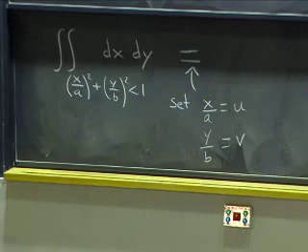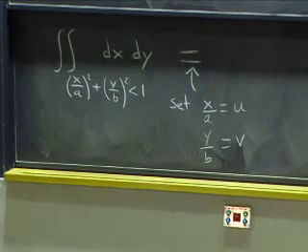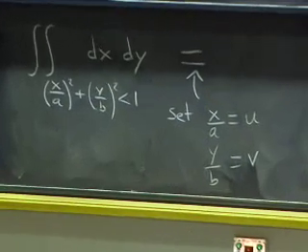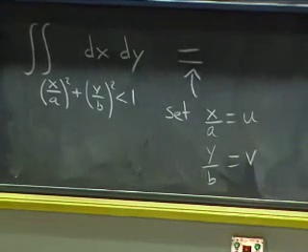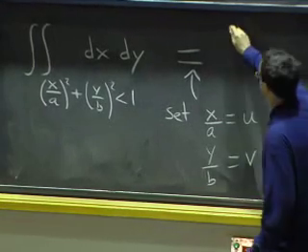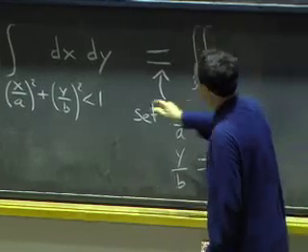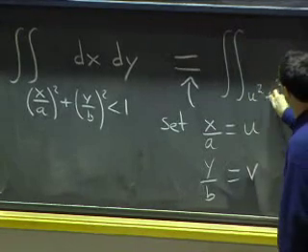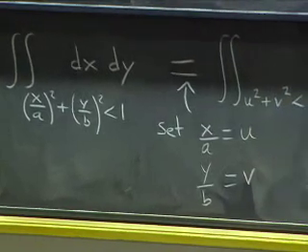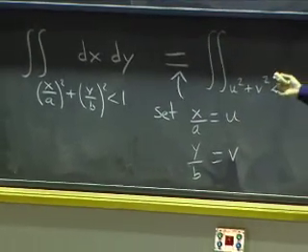So we'll have two new variables, u and v. And we'll try to redo our integral in terms of u and v. So how do we do the substitution? In terms of u and v, the region that we're integrating on will become u squared plus v squared less than 1, which is arguably nicer than the ellipse.